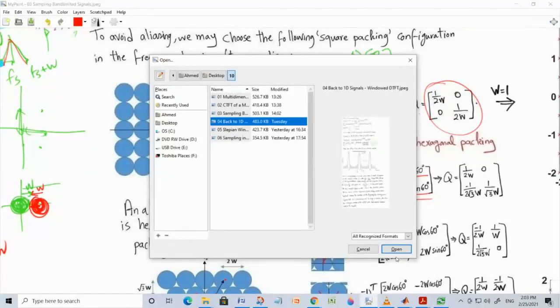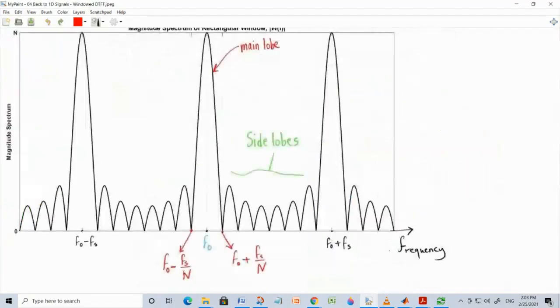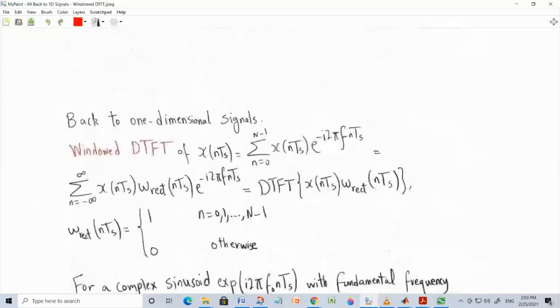And to start the topic of the DFT, we need to do two things to the DTFT. We need a window, and we need to sample the frequency variable. Okay, so let's see the story. So, windowed DTFT. You are a practical guy, and signal processing is very practical, by the way.